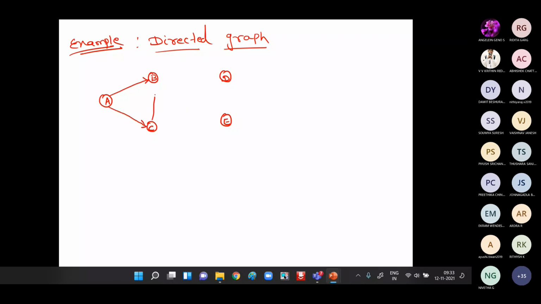Then C to B is connected, B to D is connected, then E to D is connected, C to E is connected, then C to D is connected, not D to C. These are the indications. And now E to A is connected. The arrowhead shows from which node to which node.